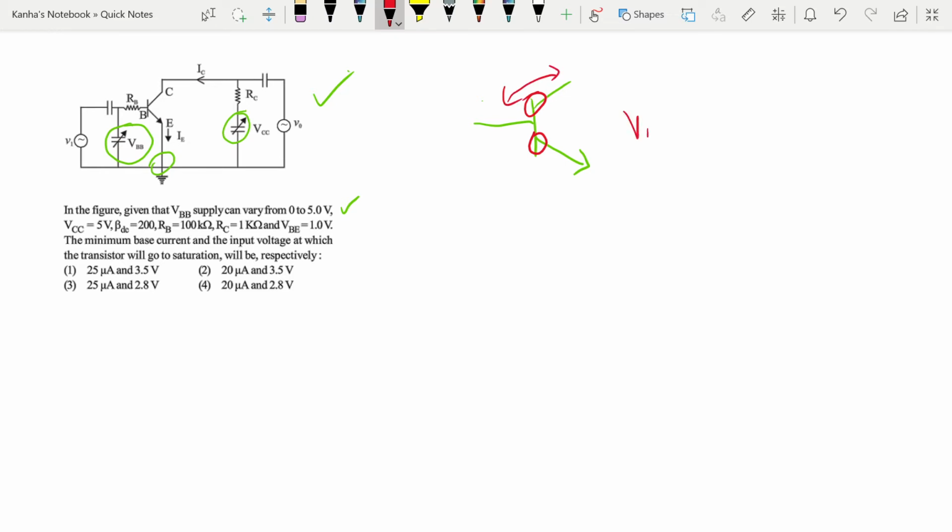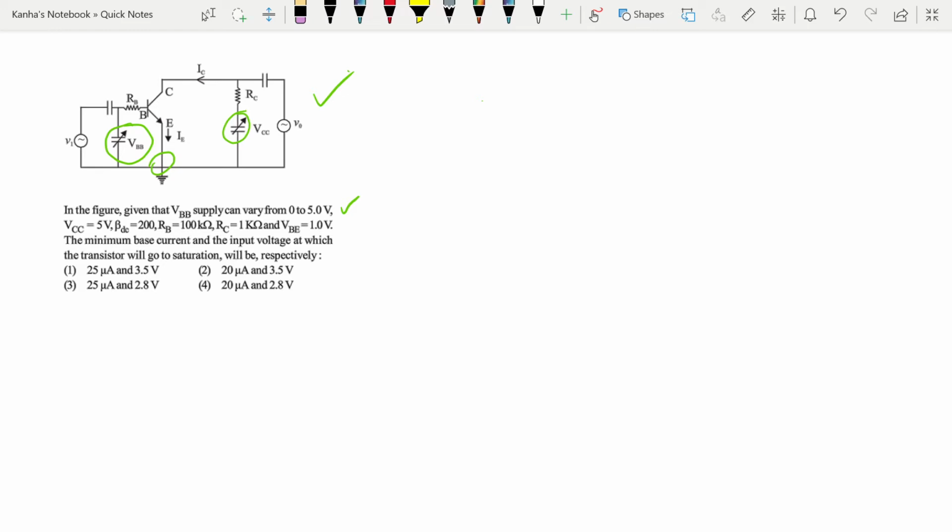So VBE and VCE are basically the potential drops here, and VBB is solely the voltage of the battery attached to the side of the base, and VCC is the voltage provided by the battery attached there. Okay, so these are some essential concepts.